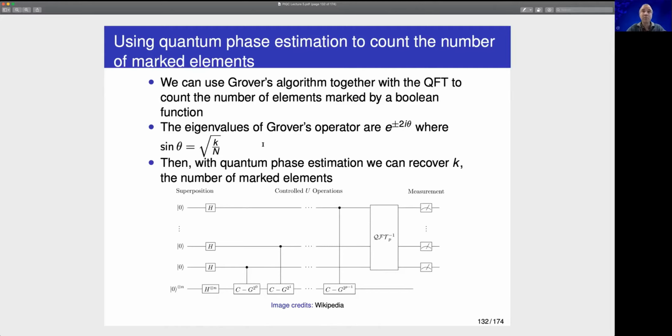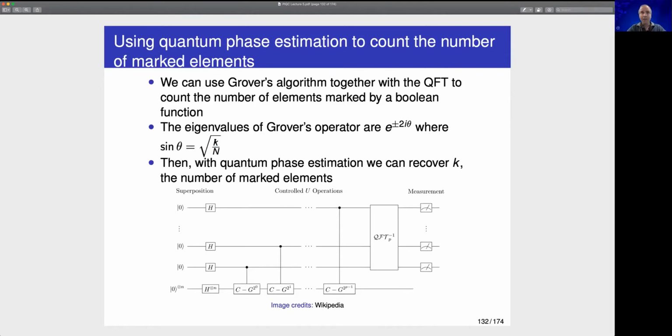For that, we need to notice that Grover's operator is of course a unitary transformation, and its eigenvalues are of this form where this theta is related to the number of marked elements by this expression here. This is something that you might remember from last lecture. This was exactly the angle of rotation that we were considering. Okay, so if we are able to estimate theta with the quantum phase estimation algorithm, then we are also able to estimate k, and this is an approximation of the number of marked elements.